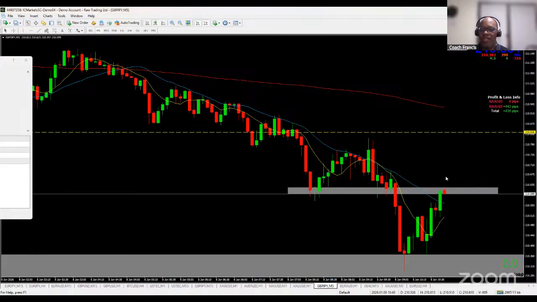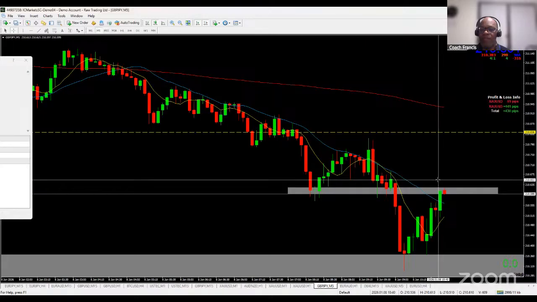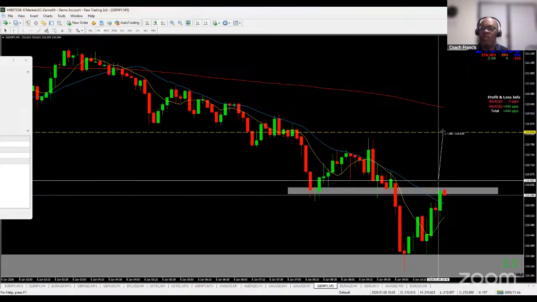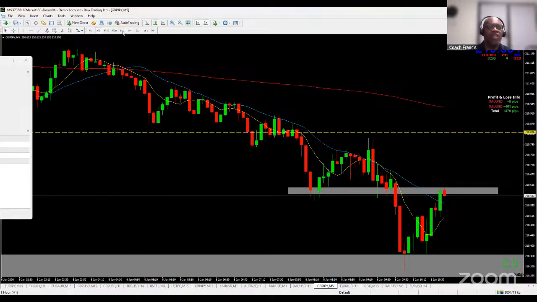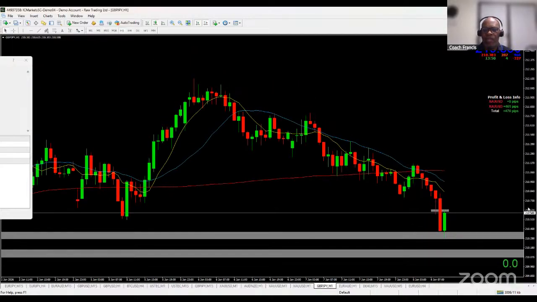So if I get into a trade anywhere here, I'll be looking to go for at least 20 pips or so. At TP1, I could leave the trade to run if it wants to continue. Let's just check it.